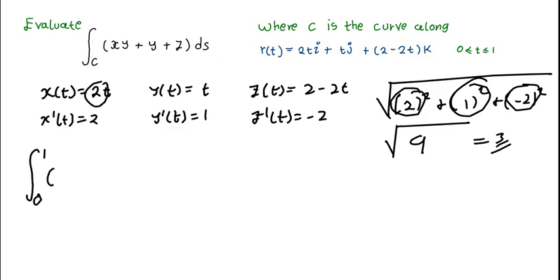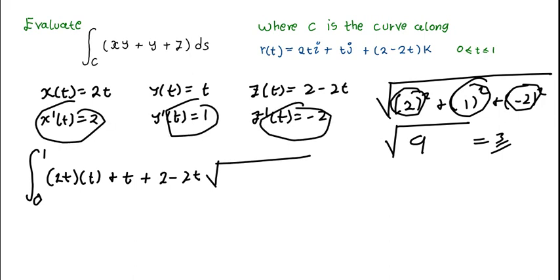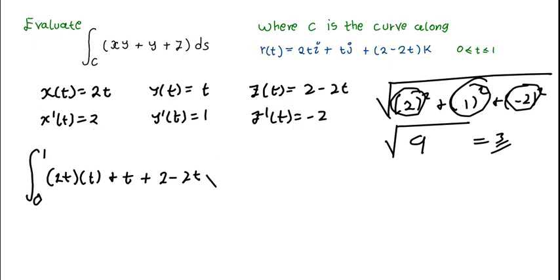So this is your 2t multiplied by your y, which is t in this case, plus your y, which is t again, plus your z, which is 2 minus 2t, then that becomes dt. But before I do that, remember you are supposed to multiply by the square root of this squared plus this squared plus that squared, which we have found is 3. Since it's a constant, I just put it outside here, and then I put my dt there.